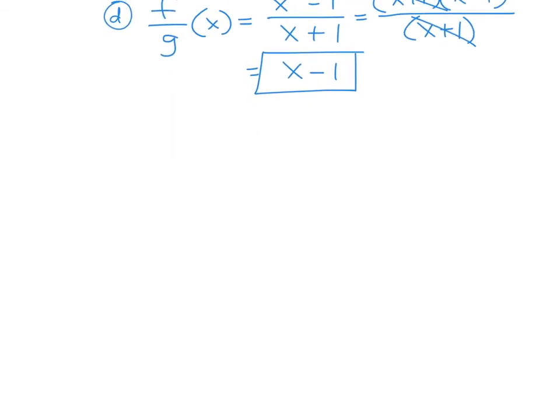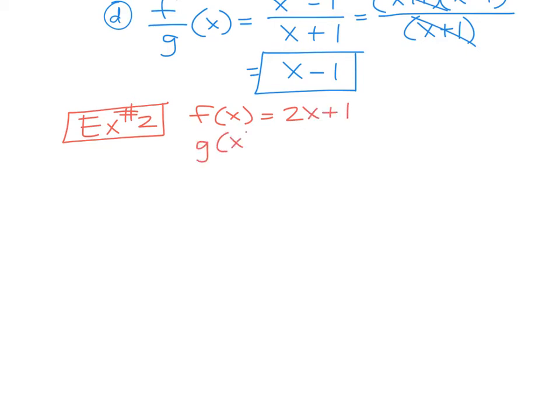Second example, I'm going to give you some new functions now. Example number 2. We're going to say f of x is 2x plus 1, and g of x is x plus 5. Okay, so those are your functions. Let's say I want to do f divided by g of x.